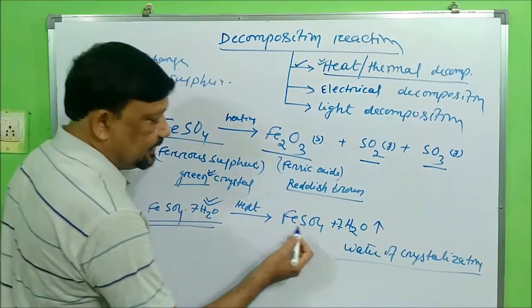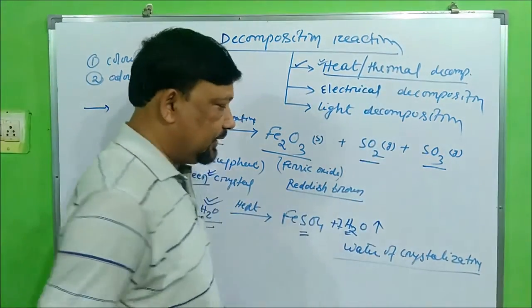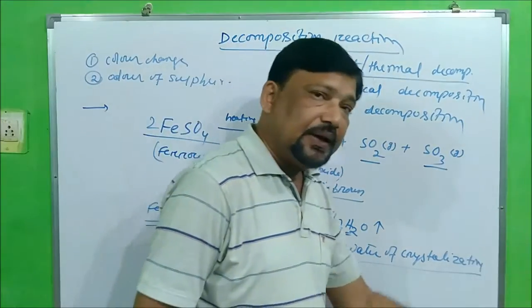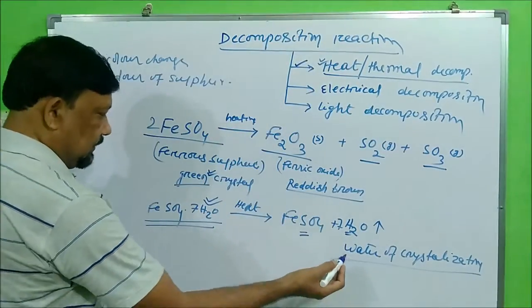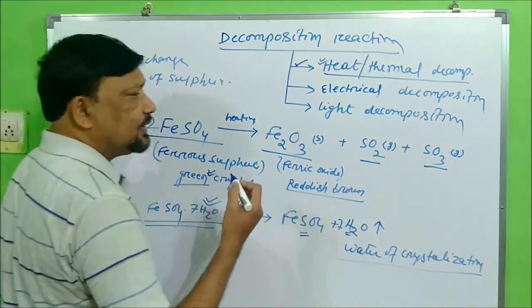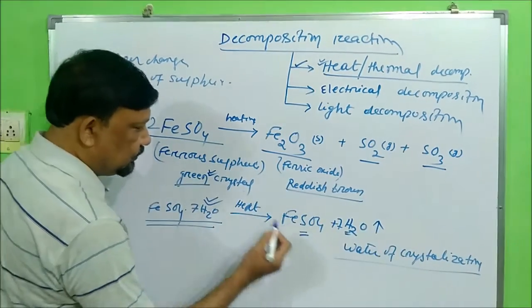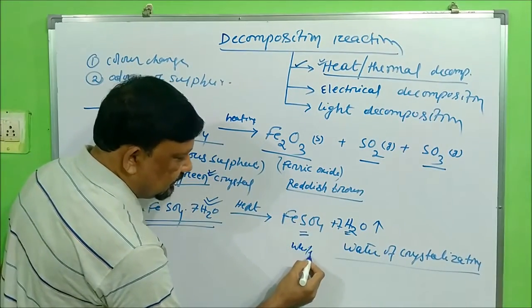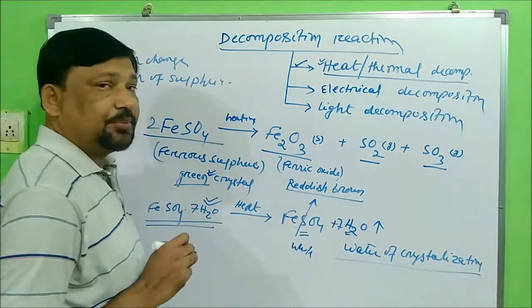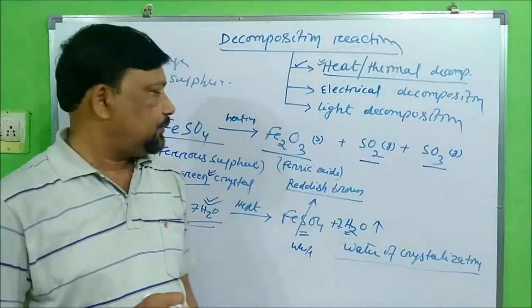When it is heated, it gives you ferrous sulfate and the water evaporates, and this water is called water of crystallization. So when this green crystal starts gaining heat, it changes its color from green to white, then to reddish brown. So you can observe this color change in that test tube.